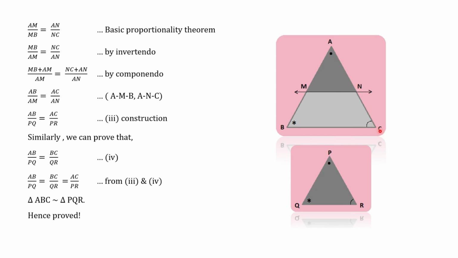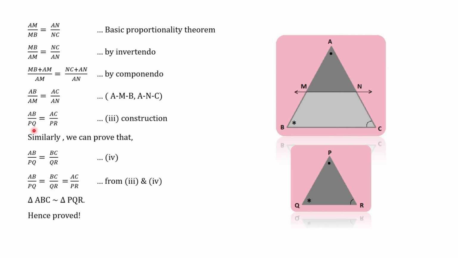AN plus NC is what? AC. So we can write AB upon AM equals AC upon AN. The figure shows A-M-B, which means A, M and B are collinear. Similarly, A, N and C are also collinear.